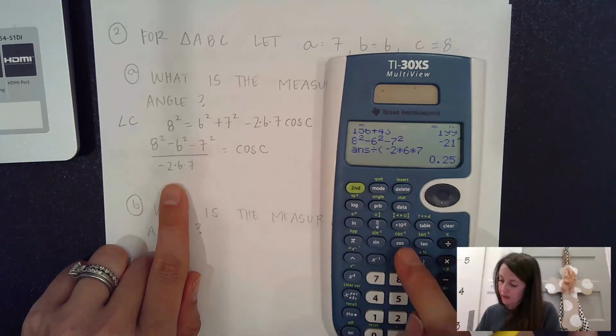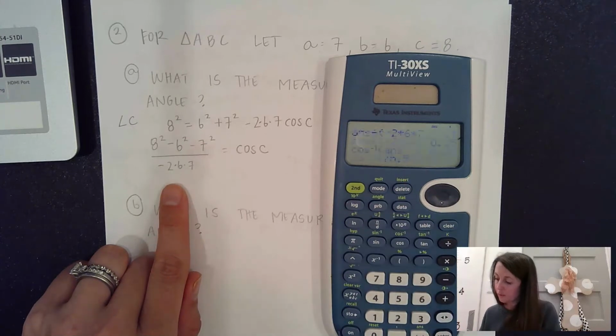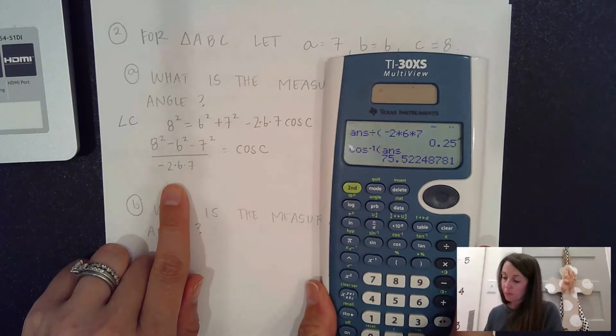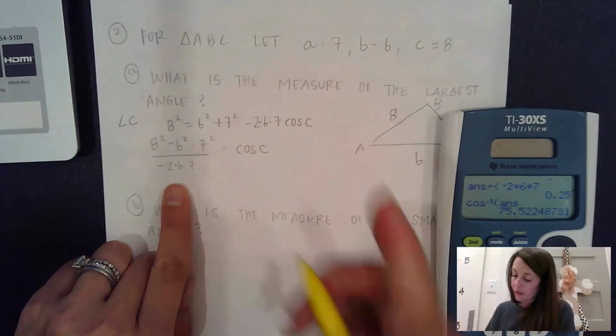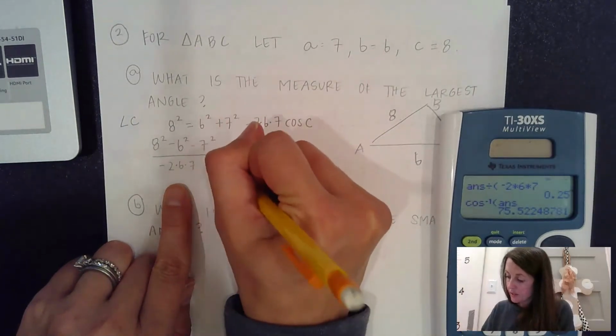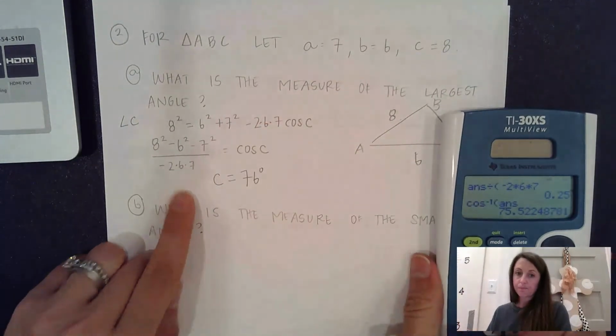And then I'm going to take the inverse cosine of that angle. So that's going to be 75.5. And I'm going to round that to 76 degrees.